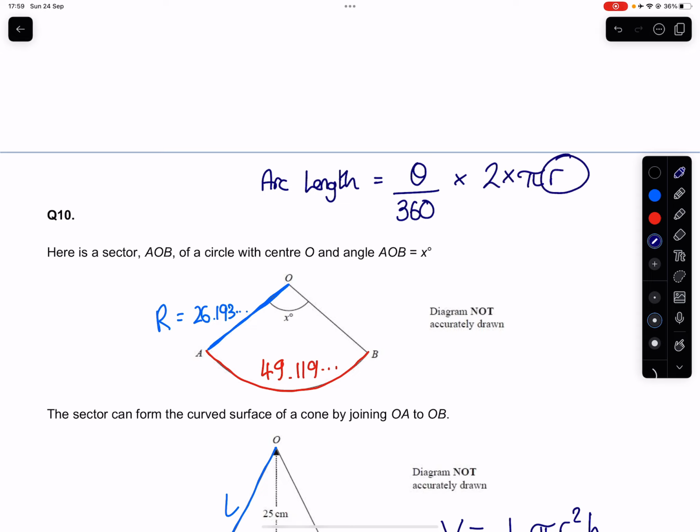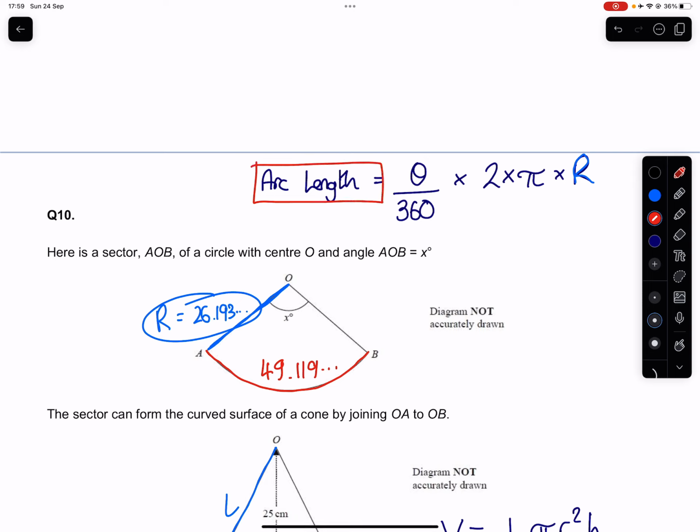Now, r isn't little r in this instance, it's the capital R that we have figured out the radius of. And our arc length, what's in red, is our 49.119.